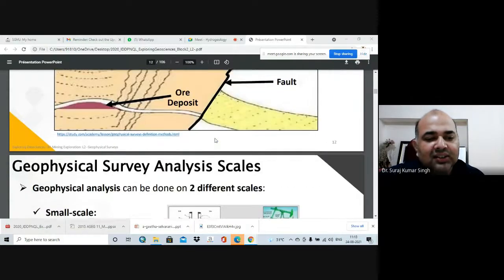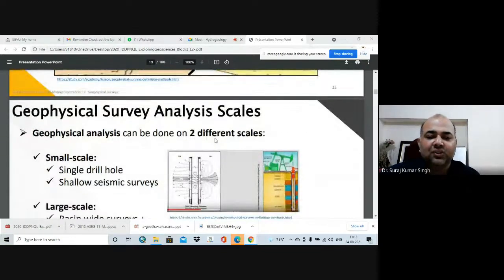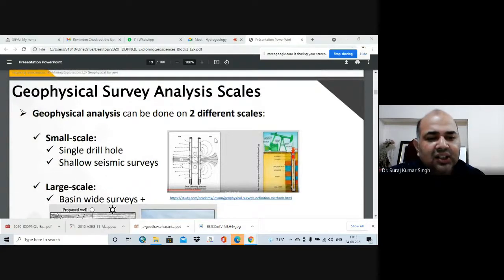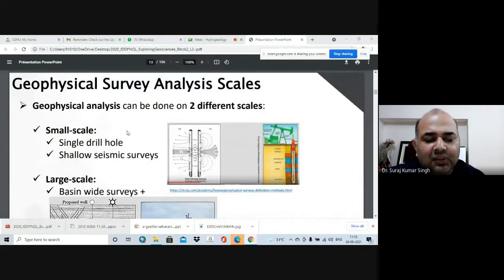For that, you have various kinds of methods through which you can do various kinds of survey. That can be on different bases. One can be small scale, that is localized in nature, and the other can be regional scale.